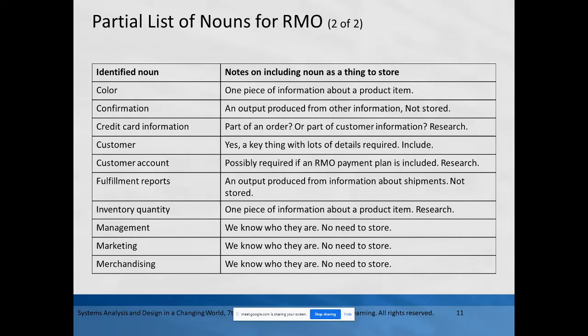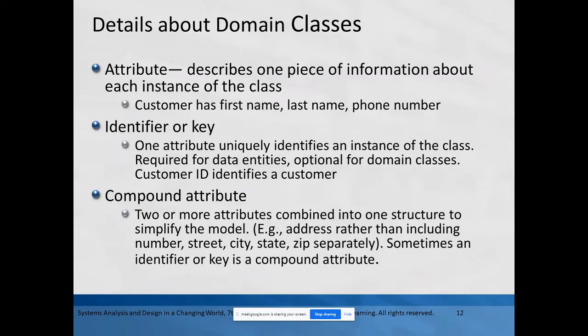Oftentimes, customers are not comfortable with having their credit card stored by various organizations, so they say, don't store this information. So generally, what happens then is that it's not stored at all. So it's pretty rare for it to be kept as part of the order as well. Anyway, these are things that you would think about.